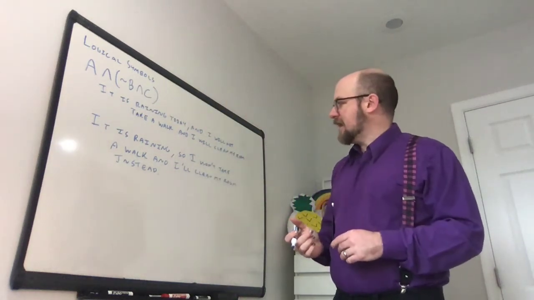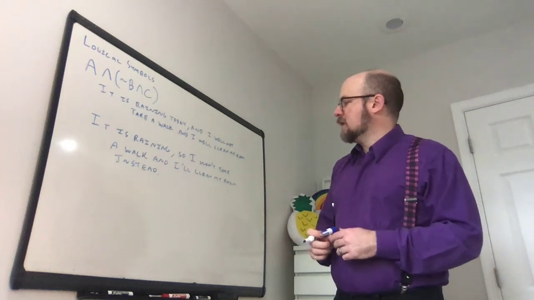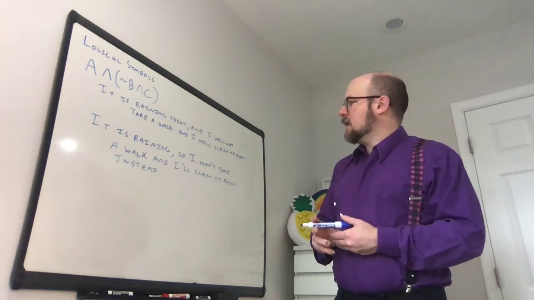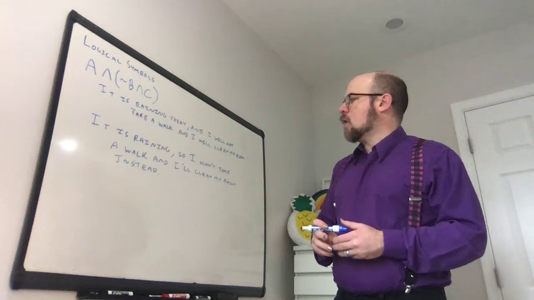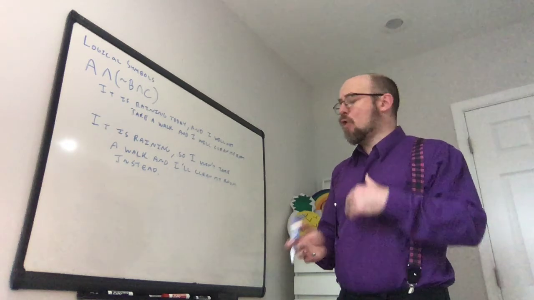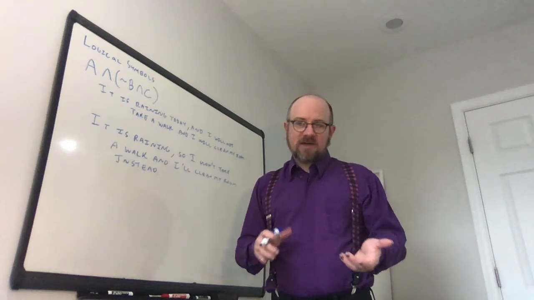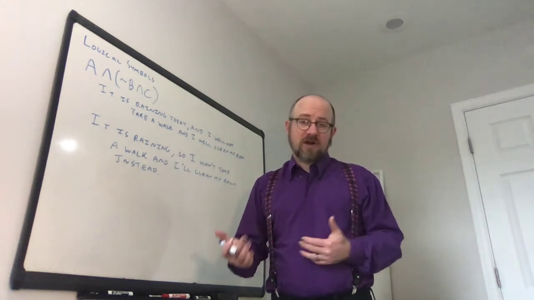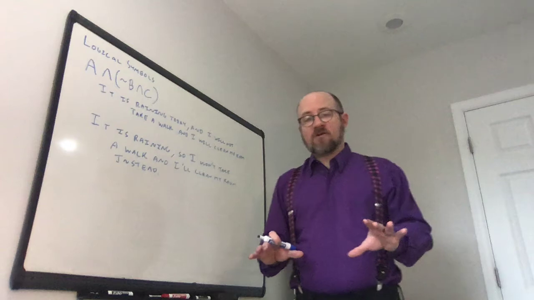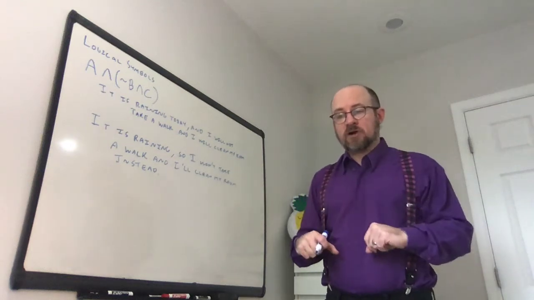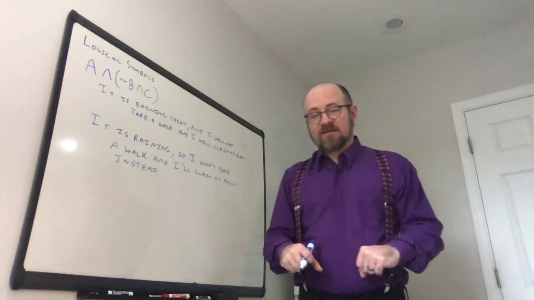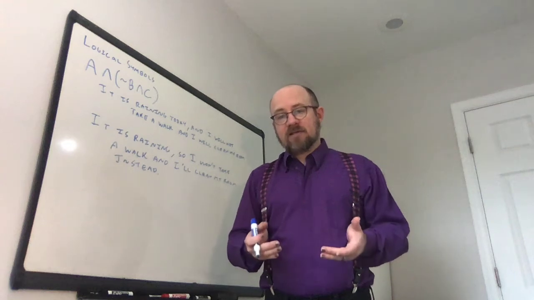So you have to watch out for that. Similarly, if you said something like, it is raining today, so I won't take a walk or I'll clean my room, right? That's different, because now you're in the or situation rather than the and. So be careful that you don't stray too far from what it means when you're writing this out in English.